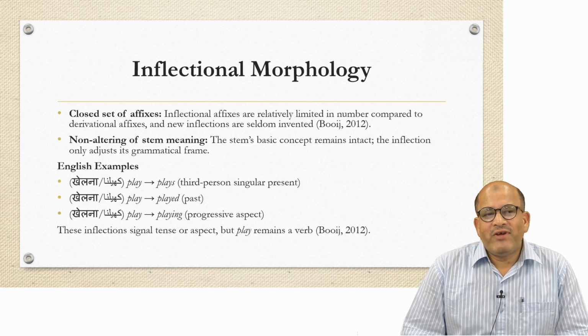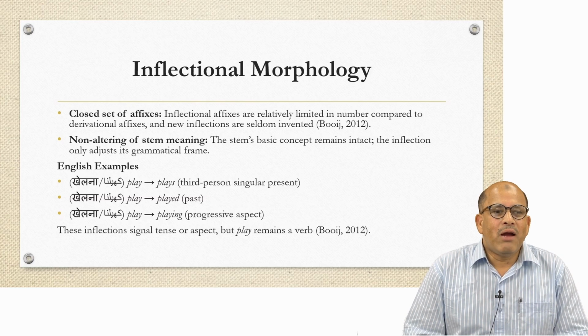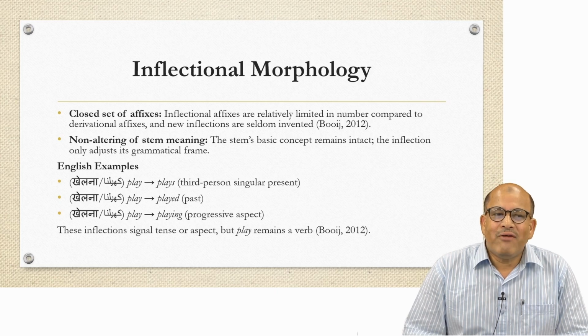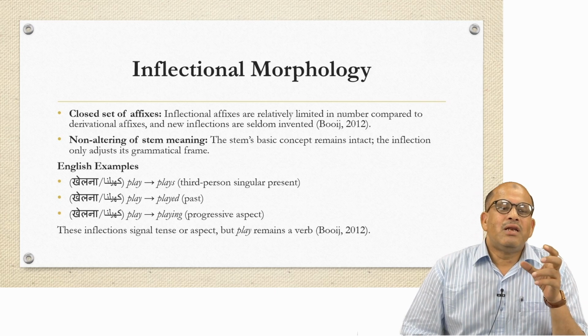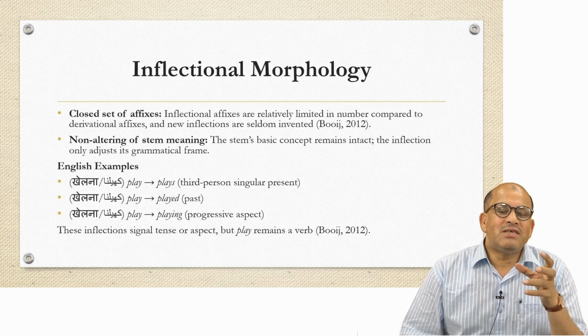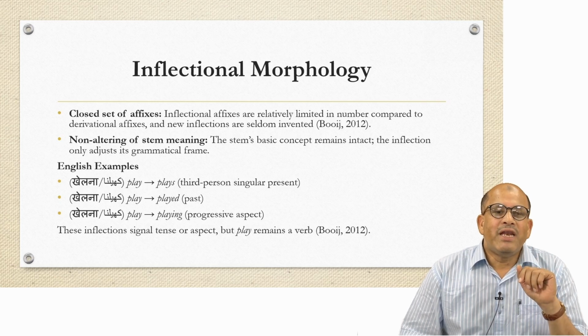Closed set of affixes. Inflectional affixes are relatively limited in number compared to derivational affixes. Inflectional affixes are very limited because they do not change the grammatical category, whereas derivational affixes do change the grammatical category, and new inflections are seldom invented.